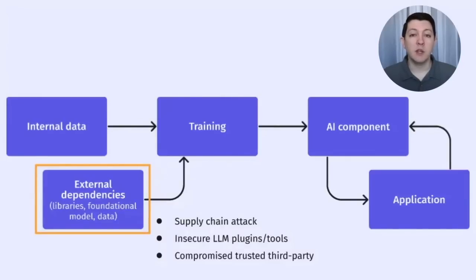Data sets, there are many publicly available data sets that we might use as part of our AI development. As agentic AI takes off, we often might find ourselves reusing tools that are supplied by some external third party. Some cybersecurity terms here that we might run into are supply chain attacks, insecure plugins and tools, especially for LLMs, or a compromised trusted third party.